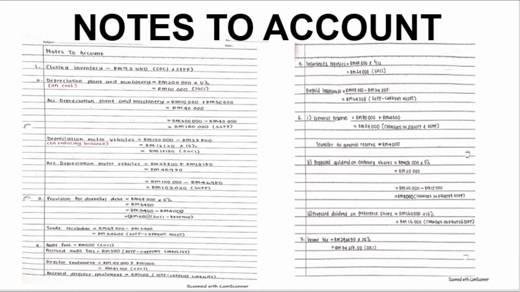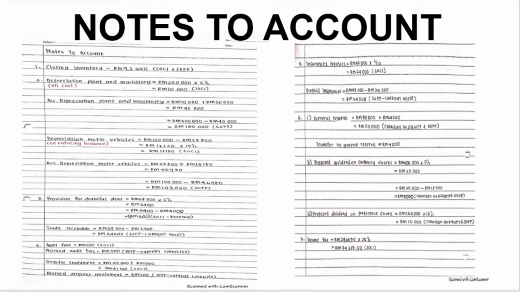The written down value is the original cost of 200,000 less accumulated depreciation of 40,000, equal to 160,000, which goes in the statement of financial position under non-current assets.